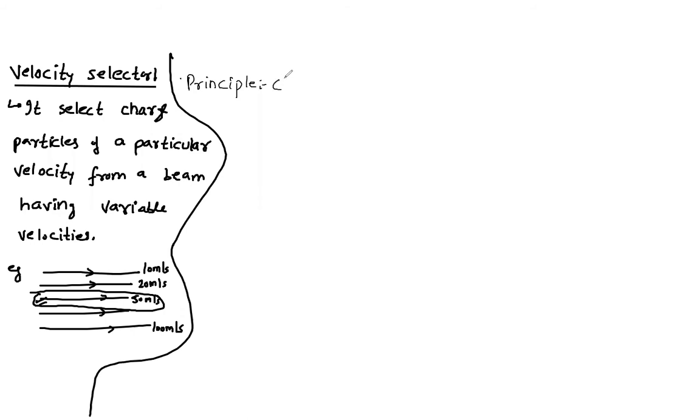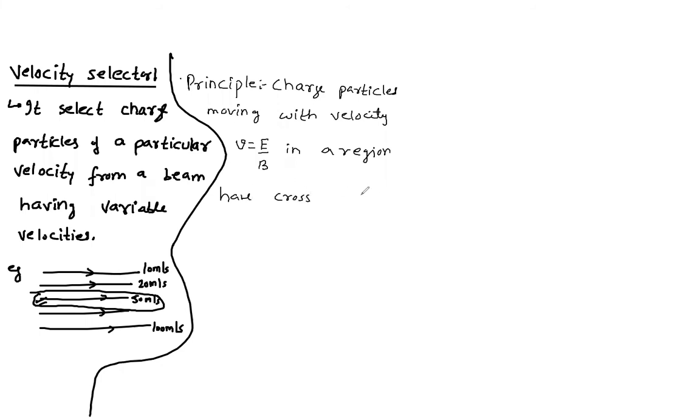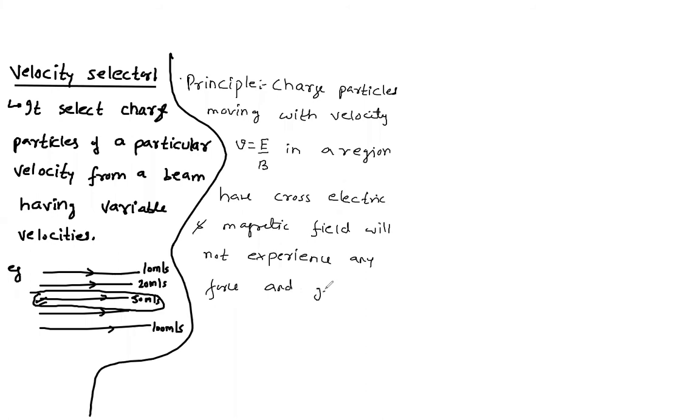So the principle says that charged particles moving with velocity v equal to E by B in a region having cross electric and magnetic field will not experience any force and get selected.